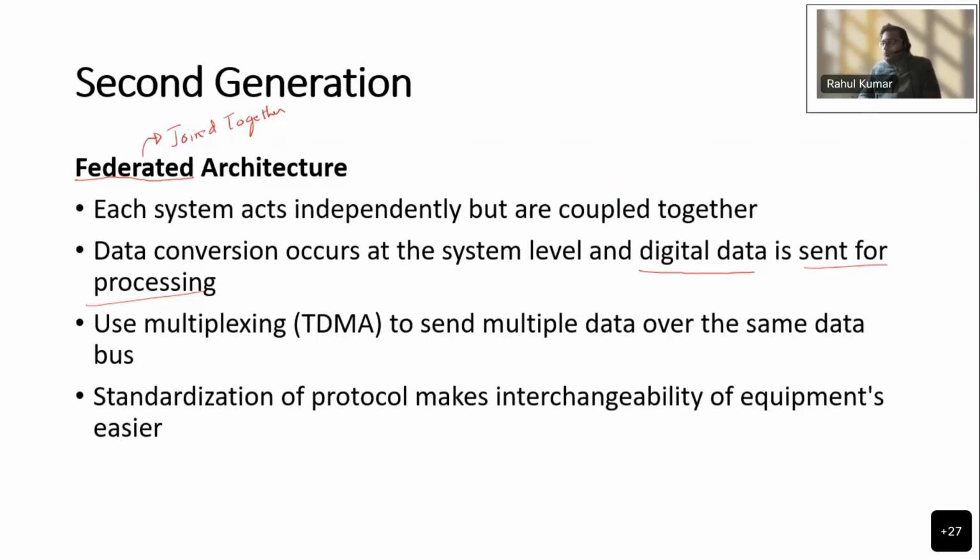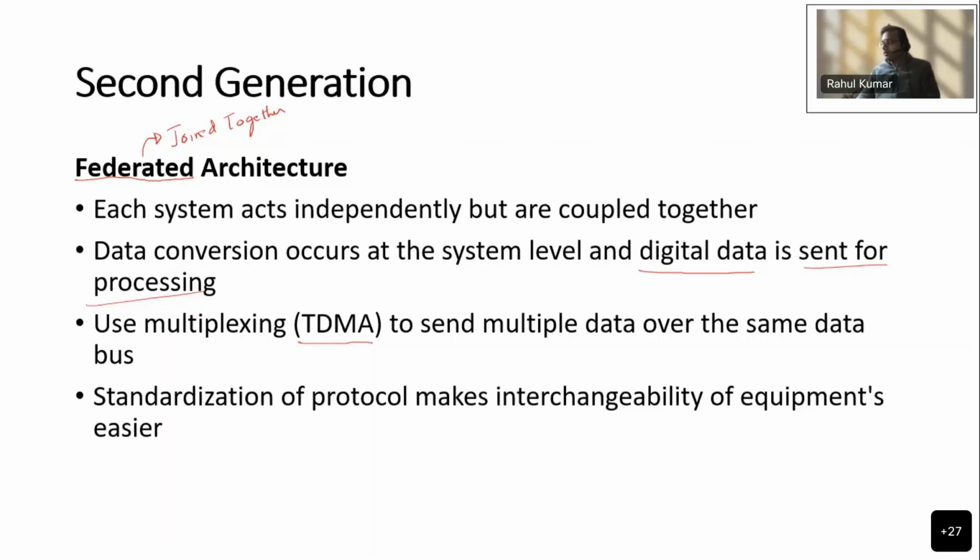And they use time division multiple access, that is TDMA, for data transmission. In time division multiplexing, or time division multiple access, TDMA, each system or subsystem is allotted a time frame during which only that system can transmit its data.